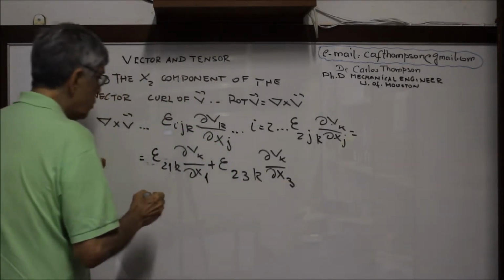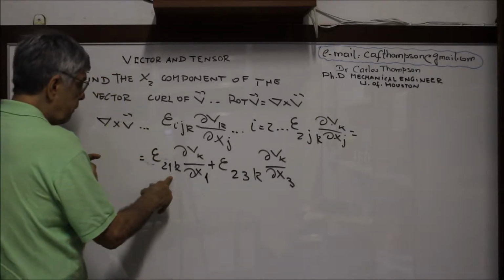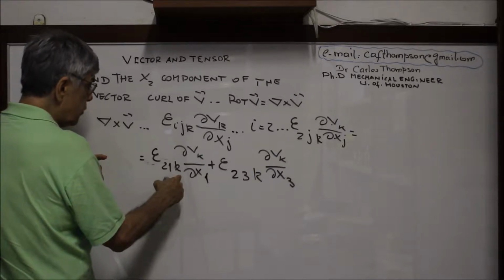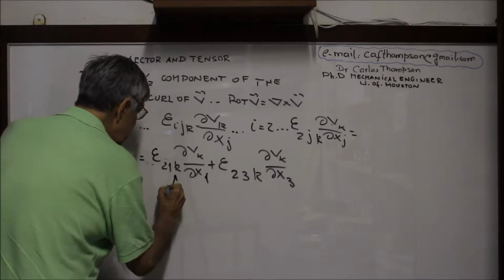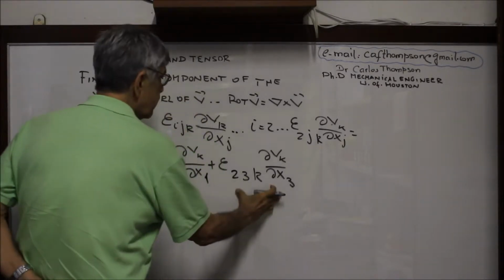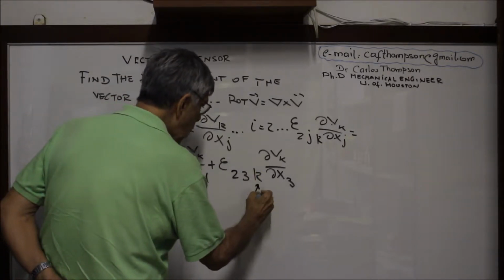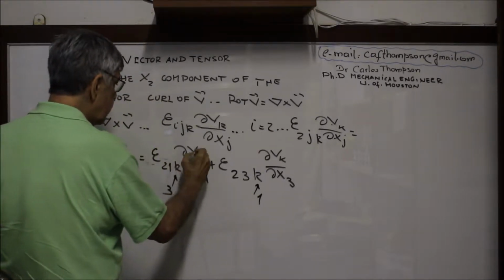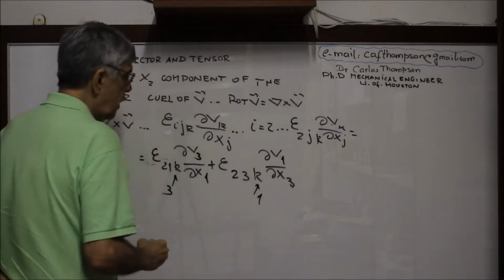Now, for sure, k here cannot be 1 because epsilon 2 1 1 is 0. K here cannot be 2 because epsilon 2 1 2 is 0. So for sure k here must be 3. In this term, k can only be 1. So this is 3, I put 3 over here, and this is 1, I put 1 over here.